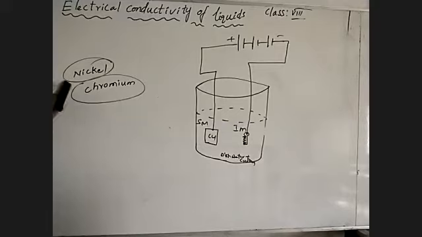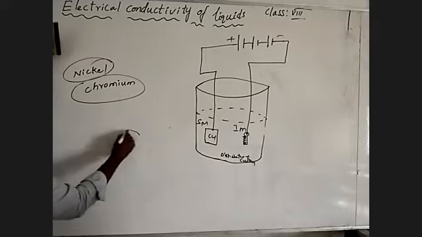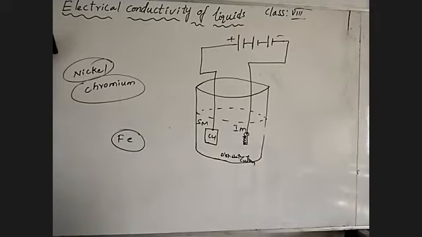It gives a suitable coating on the iron, good polish and good shine, and it sticks permanently. It avoids the formation of rust by coating the iron with nickel or chromium.